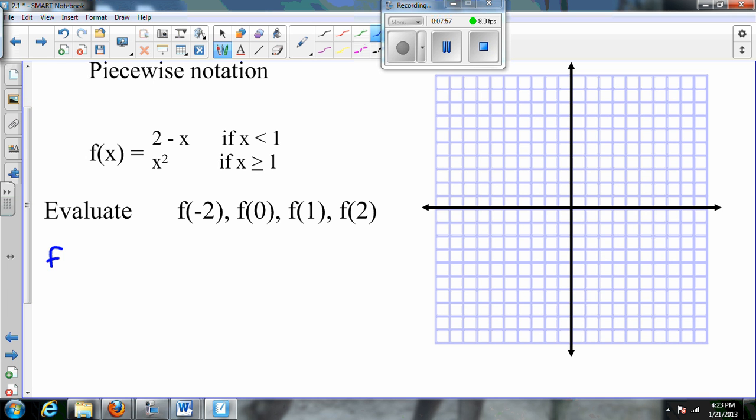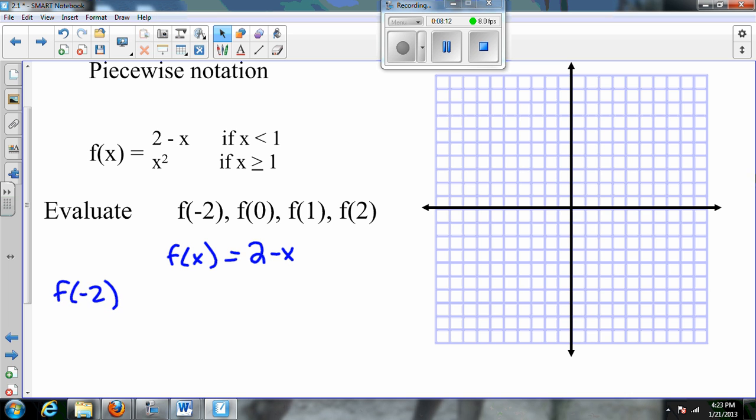So when x is negative 2, that's less than 1. So we're going to use f of x equals 2 minus x. So it becomes f of negative 2 equals 2 minus negative 2. That turns to 4.